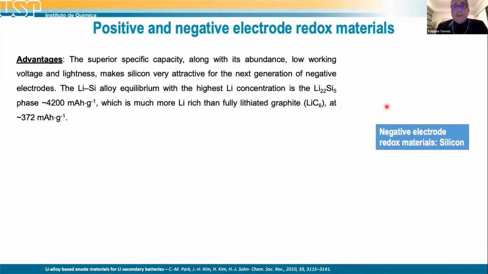Okay, so as positive and negative materials, I chose to show you in this talk the case of silicon, which is widely studied and has some advantages regarding the charge capacity if we compare with the typical negative electrode, graphite.